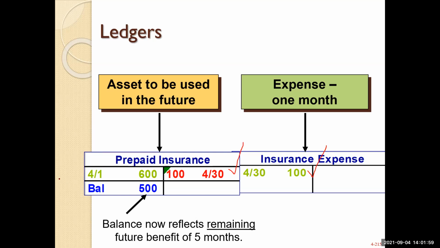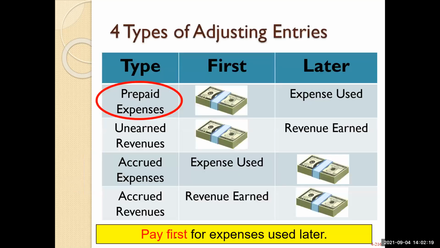And now here, when you go to calculate the balance in prepaid insurance, you take your total debits and you subtract out your total credits, and then you get your balance. Now you see the balance reflects the remaining future benefit of 5 months. The balance will reflect what's left over. All right, so that is prepaid expenses.